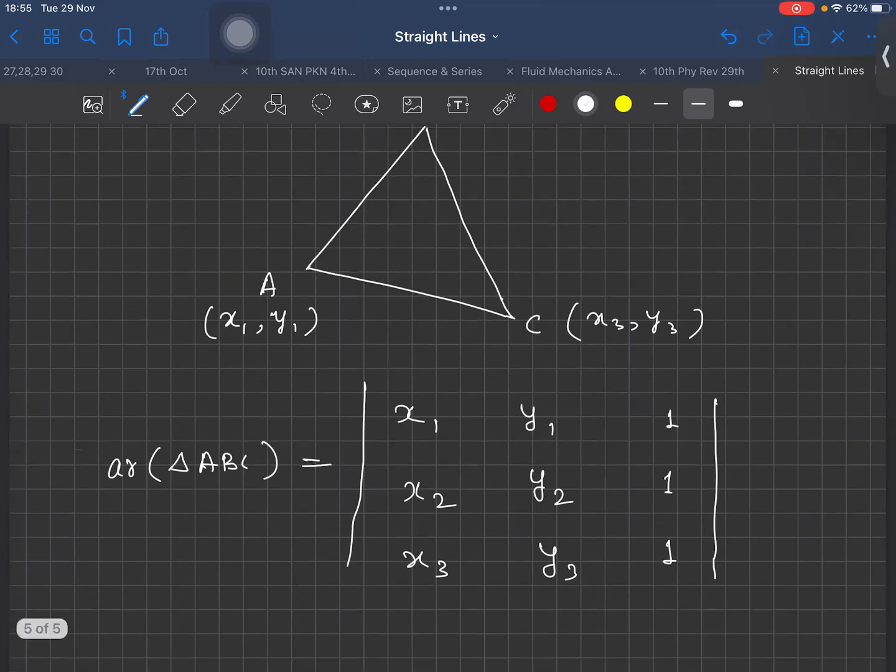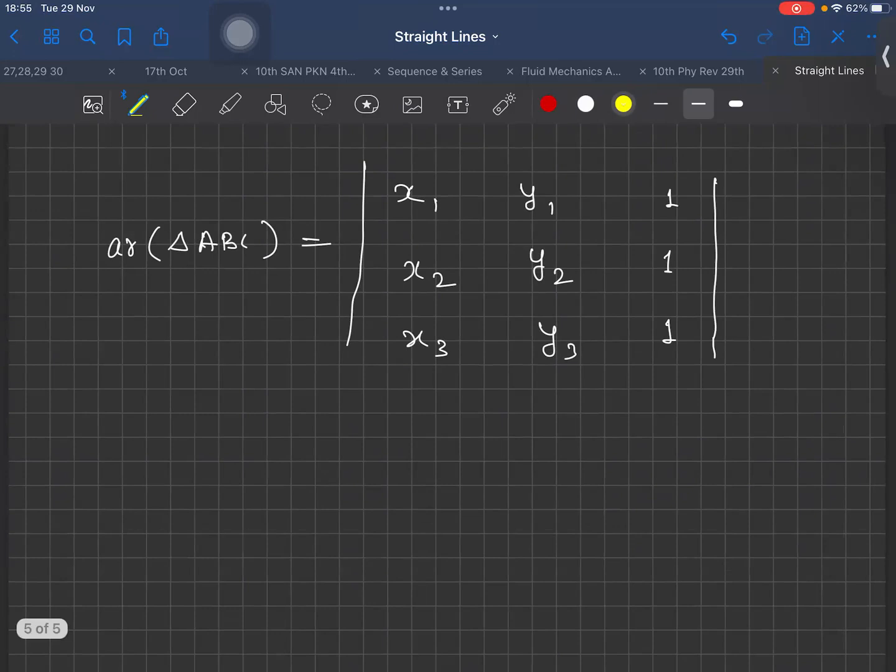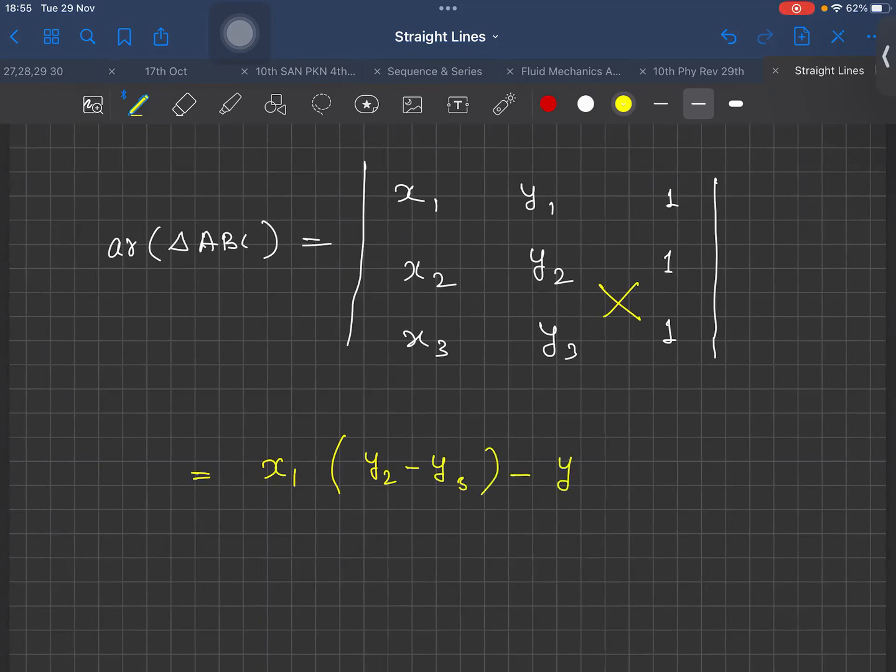How do you find a determinant? Let's solve it here also. So in this determinant, you keep x1, right? You multiply these two, isn't it? That's what we do. So y2 minus y3. Minus y1, right? Or you can just use this column method. So minus x2.